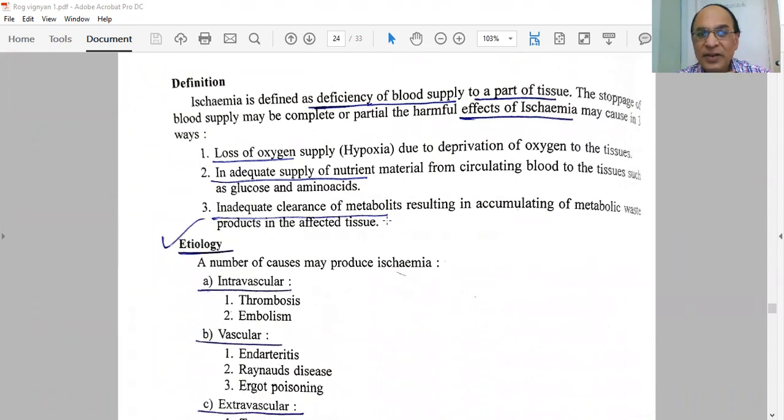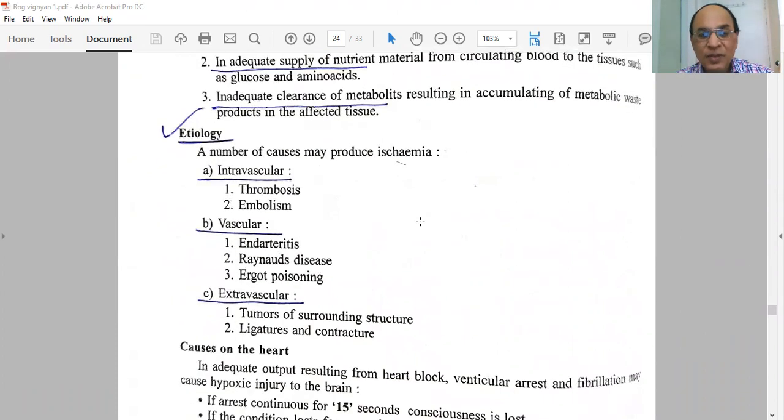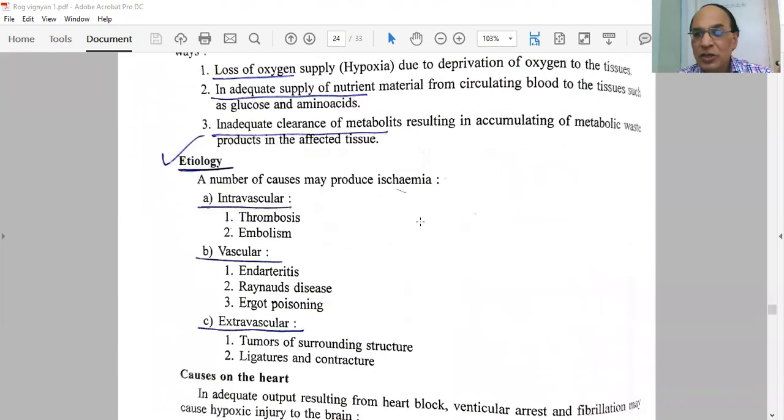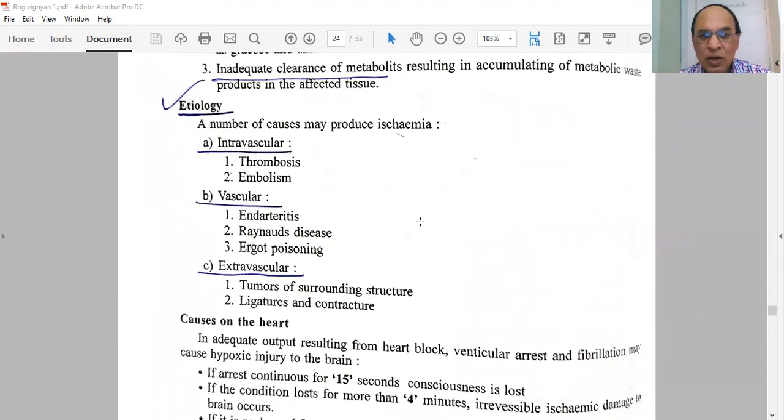Okay, and what are the effects? Loss of oxygen supply, inadequate supply of nutrients, and inadequate clearance of metabolites. These are the three important things which get affected after you get the infarct. Then he has given etiological factors, intravascular, vascular, and extravascular. So pinpointed, so simple, and so readable.